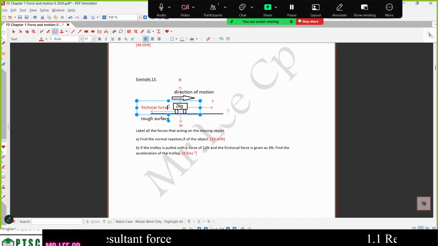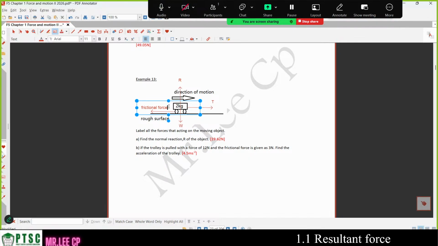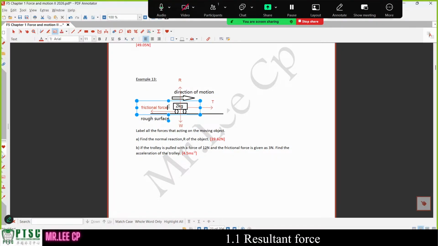But anyhow, in your exam, your school teacher doesn't use the mu, right? So you choose yourself, you want to write it as mu or as frictional force. If school exam, I will prefer you to write frictional force. If you calculate on your own fast, then you just write mu. Senang.